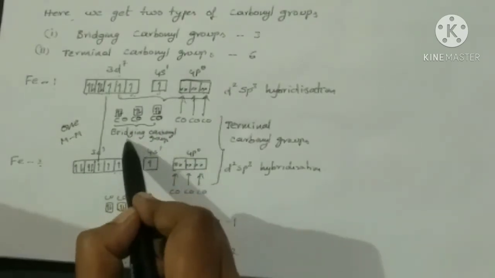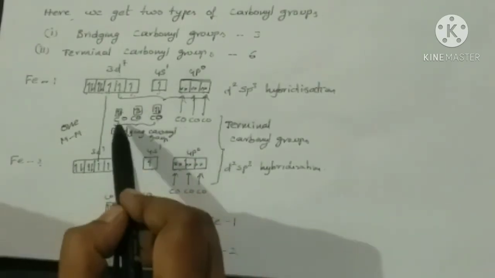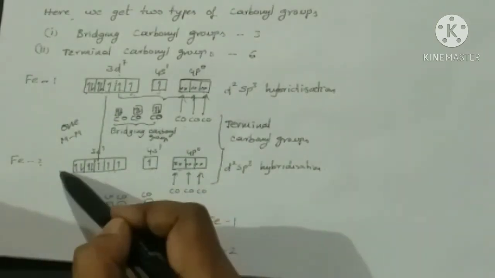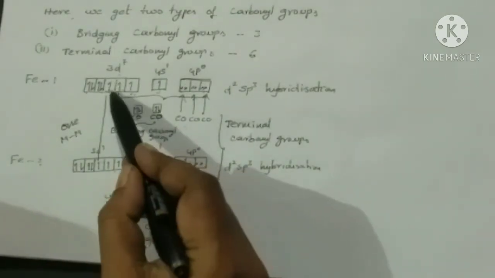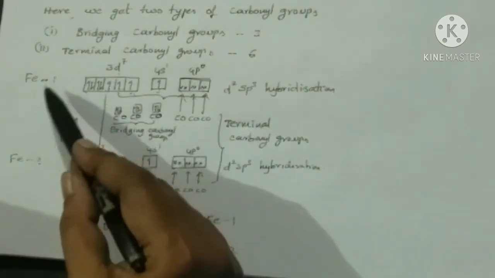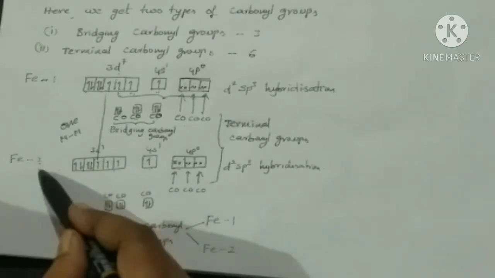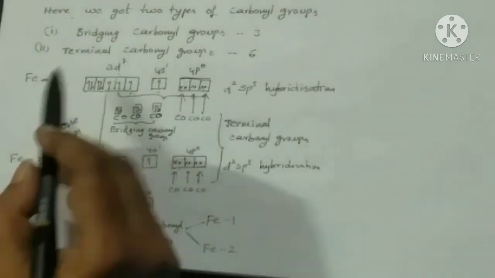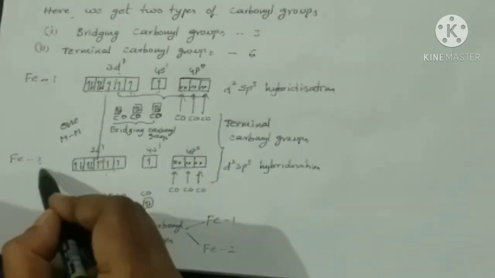So here the bridging carbonyl groups donate their electrons to Fe1 as well as Fe2. Okay, and the pure 3d orbital with single unpaired electron from Fe1 atom and Fe2 atom got paired up, giving one metal-metal bond between Fe1 and Fe2.